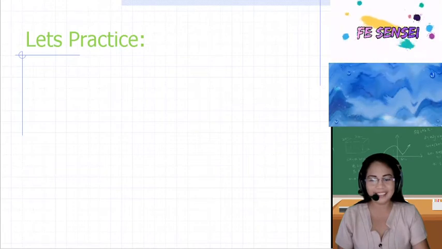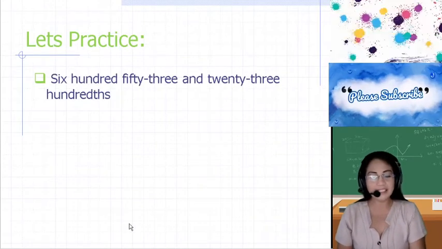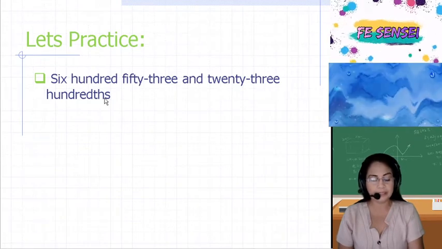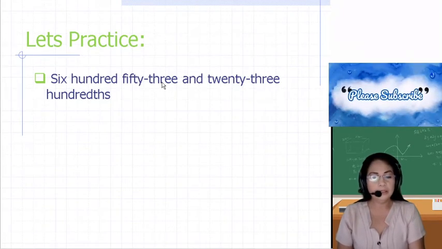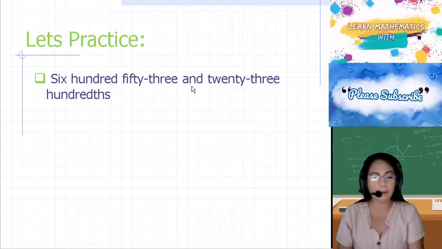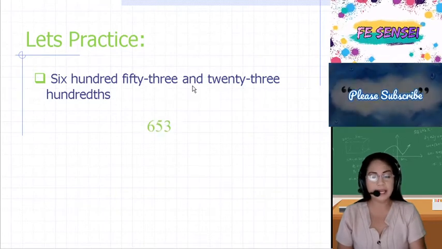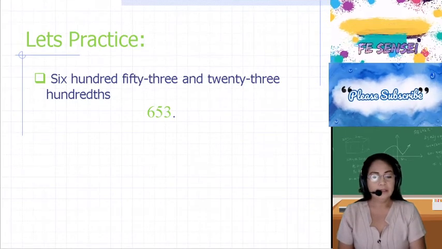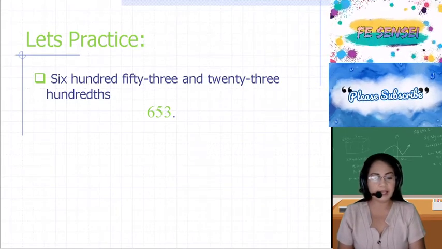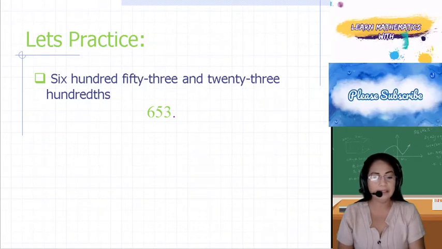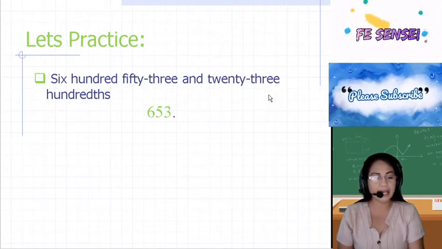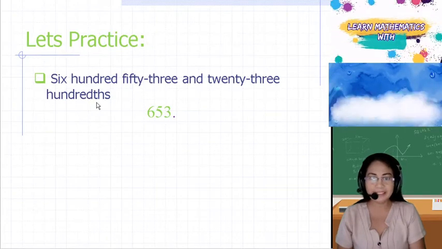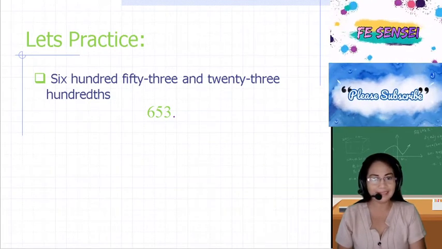Let's practice. 653 and 23 hundredths. The number before the decimal point, or before "and", is 653. Then replace "and" with a decimal point. Then that's 23 hundredths. How many decimal places from the decimal point?